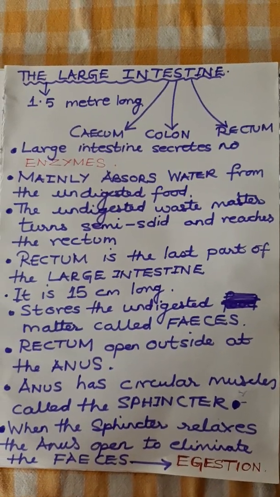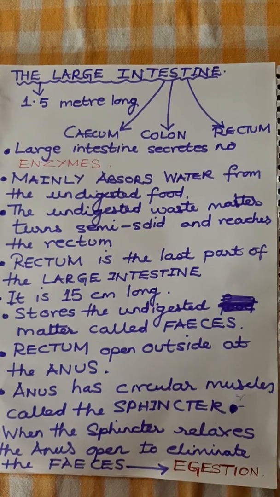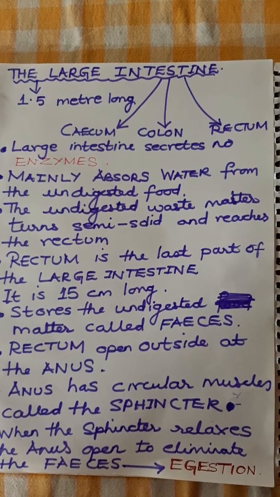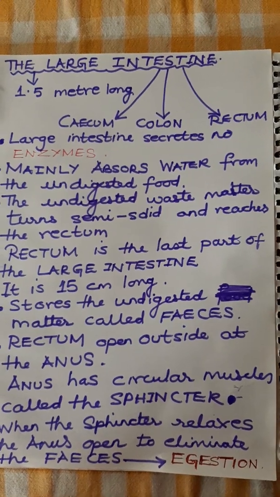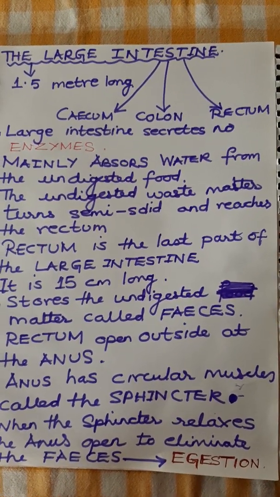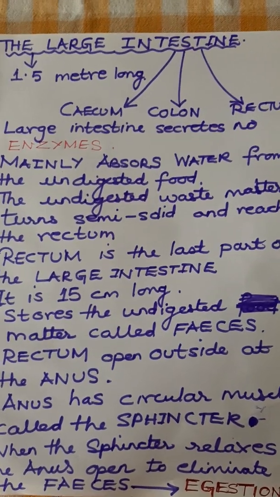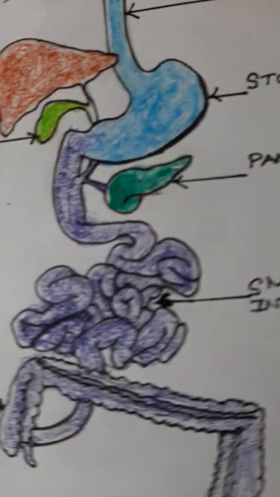The digested food is taken up by the villi. Then the food that is not digested, the undigested food, passes on to the next part.